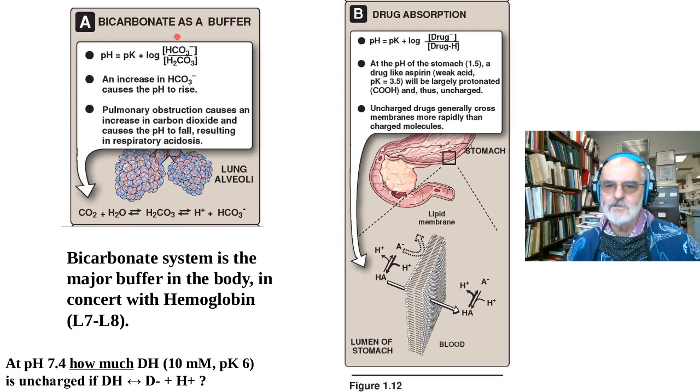You can see down here and up here it lists it as carbonic acid, because carbonic acid completely dissociates to bicarb. The equilibrium is actually between CO2 and bicarb. And so we actually use CO2 as the acid and bicarb as the base. And that's what we're going to discuss today.